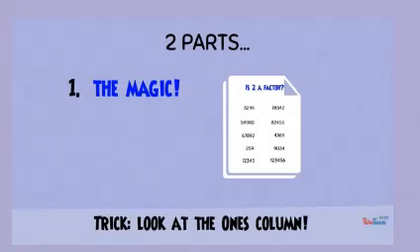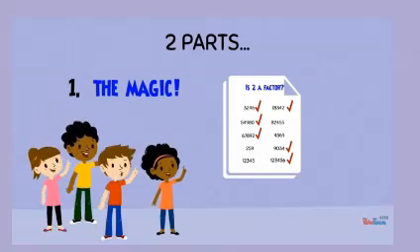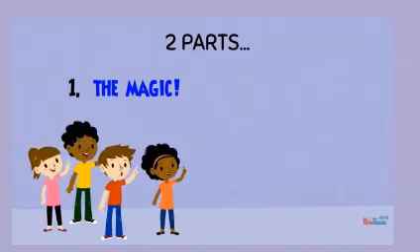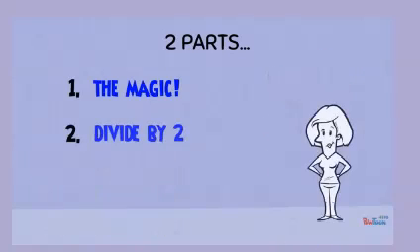Use the trick of glancing at the ones column, like we practiced here. Do this part as quickly and carefully as you can, and then show your teacher you are done by putting up your hand. When your teacher has checked your magic skills, go ahead and divide by 2.